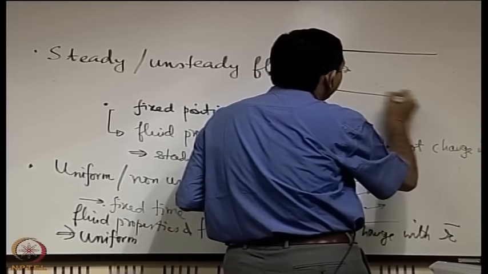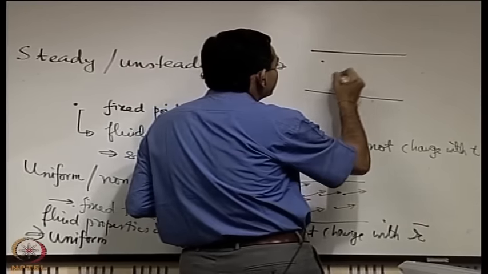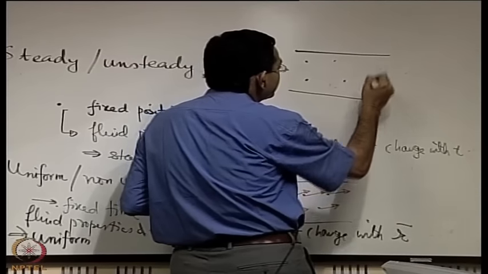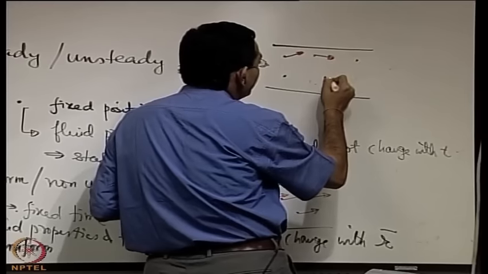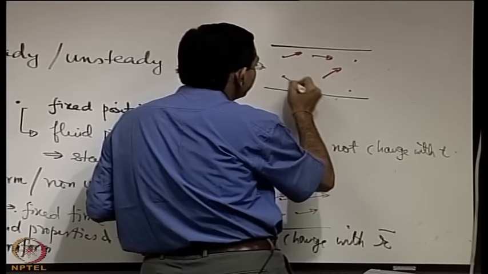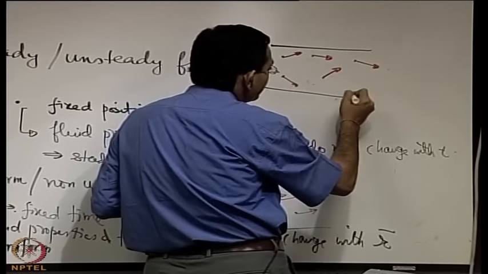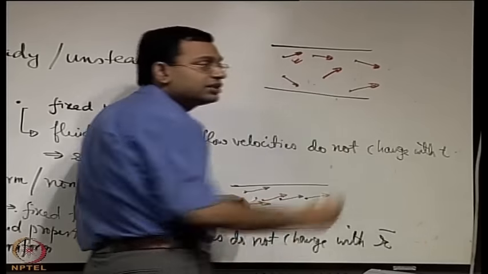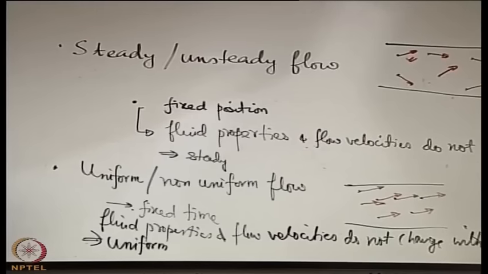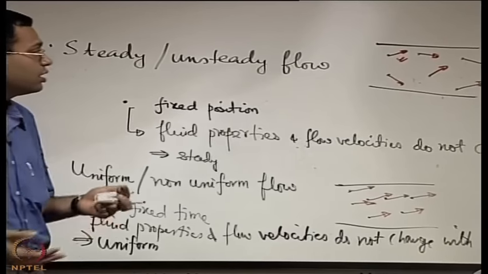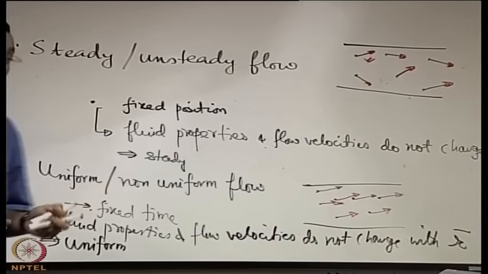So if you have a domain like this with different points, you have velocity at different points different, but whatever those are, they are not changing with time. So it is possible to have a steady but non-uniform flow.